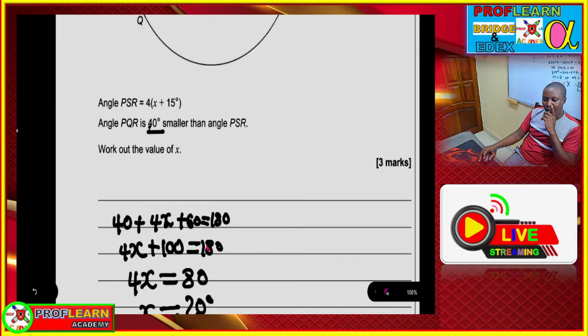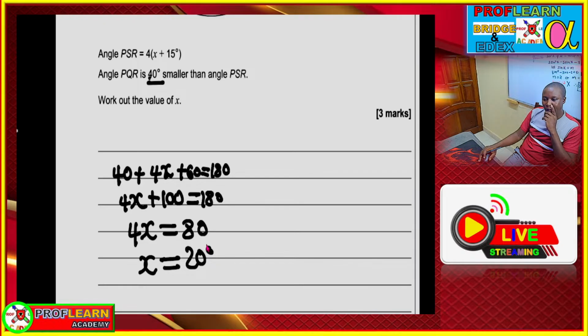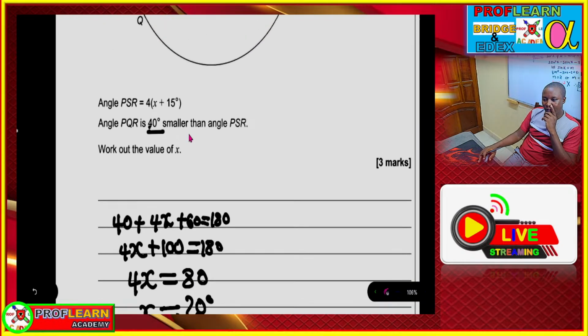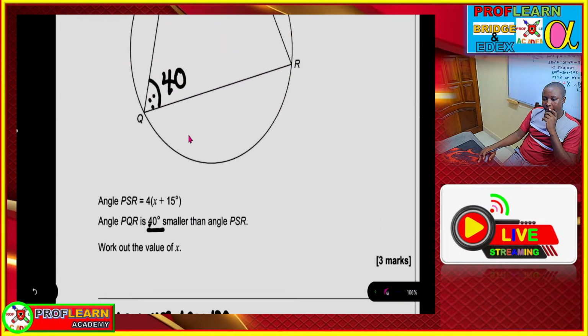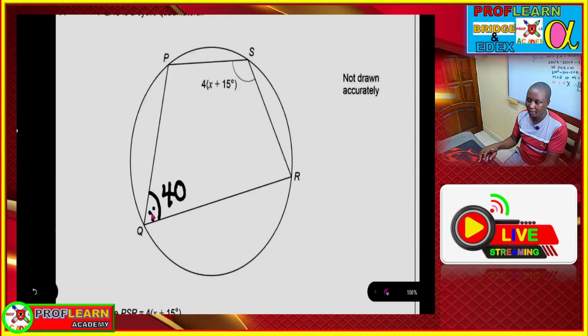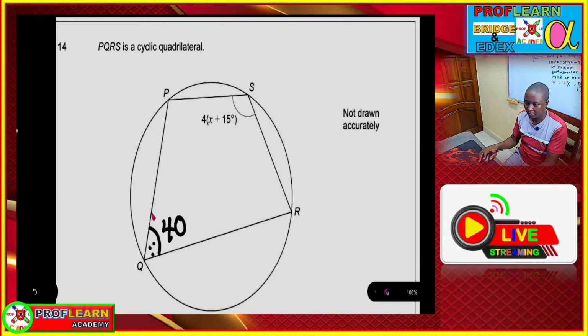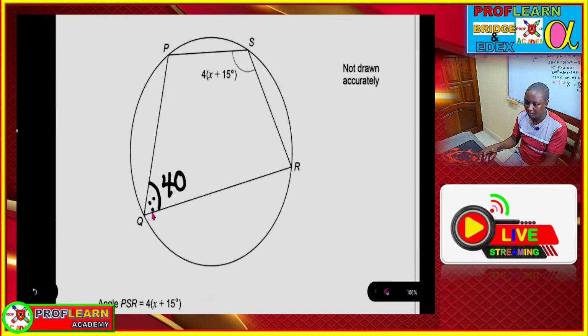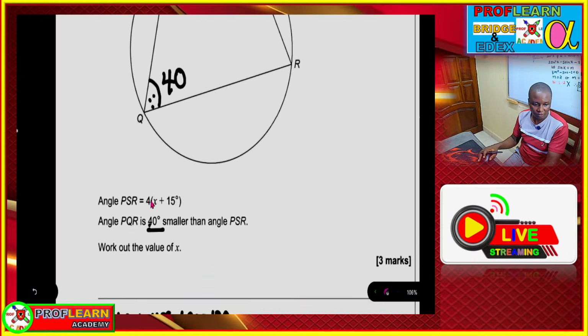This 100, this becomes 80. Yeah, work out the value of x. The value of x, so this is 4x. 4 times 15, 60 plus 40. Okay. All right.